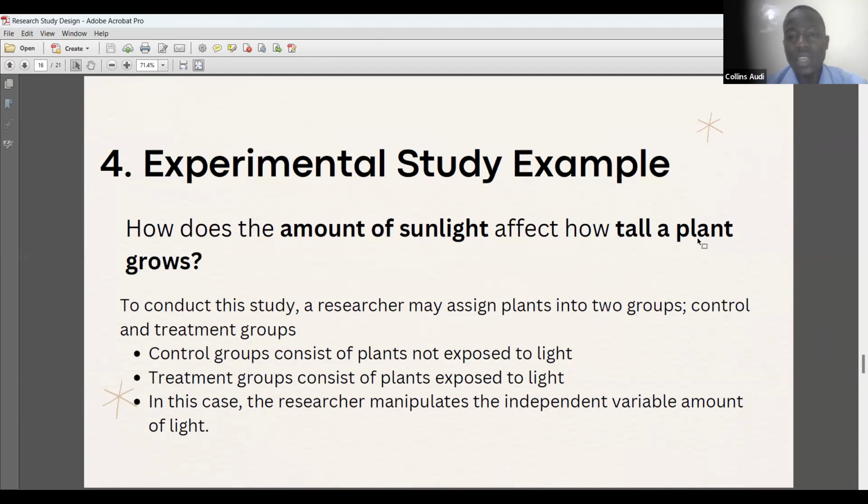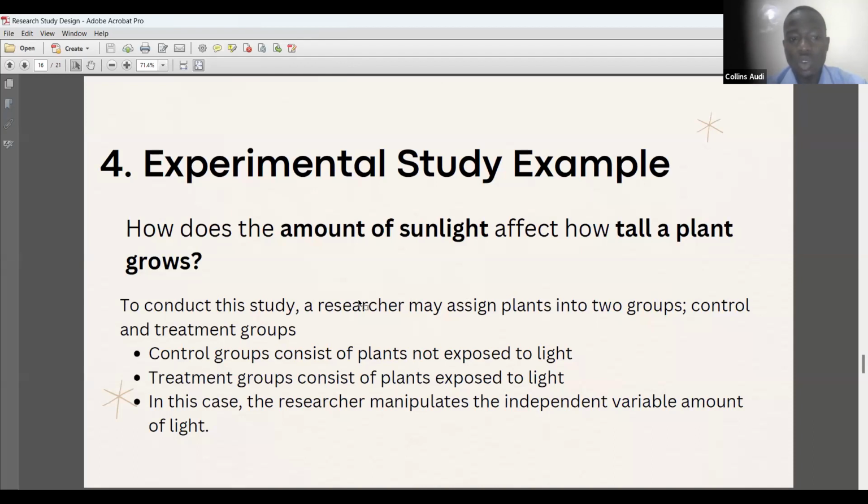How tall a plant grows, or the height, is the dependent variable. If we manipulate the amount of light, the independent variable, and see how it affects the growth or height of that plant, then the best study design there is called an experimental study.